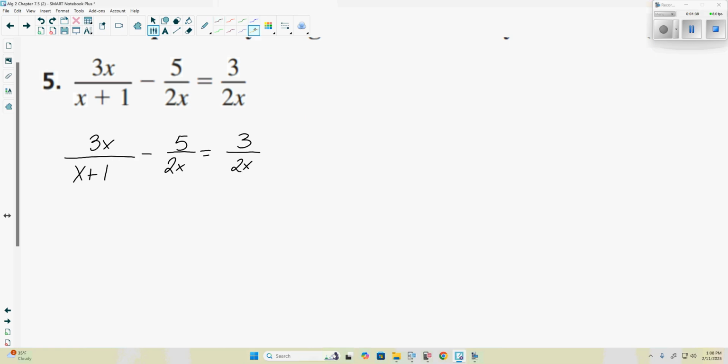So that tells us our restrictions, the values of x that would cause the denominator to be 0, are going to show up in either x plus 1 or 2x. Now the 2x is kind of nice to solve. We can divide both sides by 2, telling us that the value of x that would make that be 0 is, well, 0.